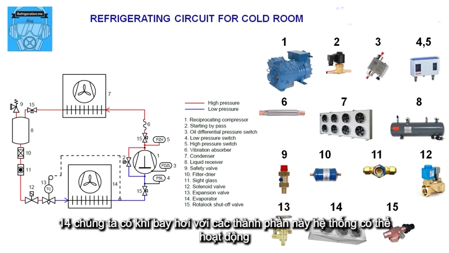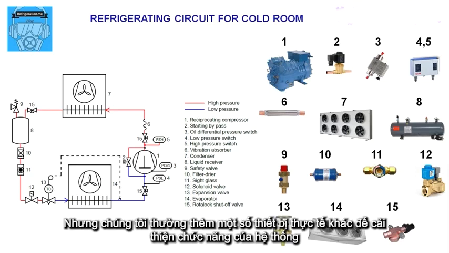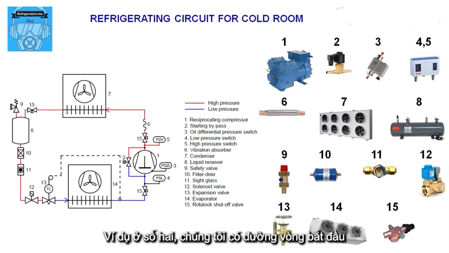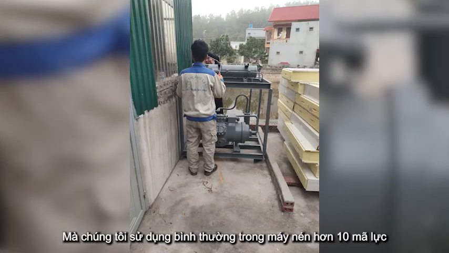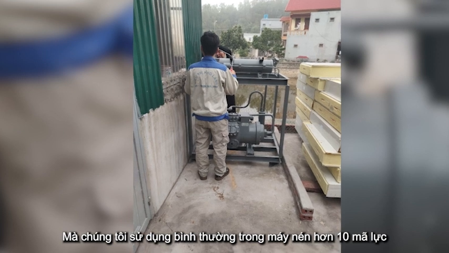Just with these components the system can work, but we usually add some other auxiliary devices in order to improve the functioning of the system. For example, in number 2 we have the starting bypass, which we use normally in compressors of more than 10 horsepower.